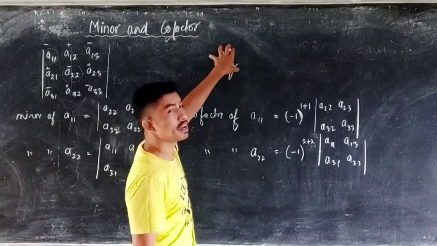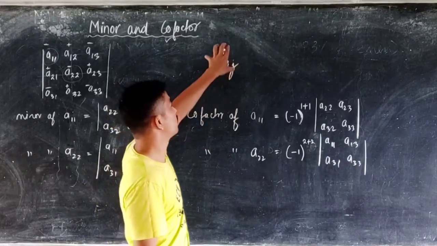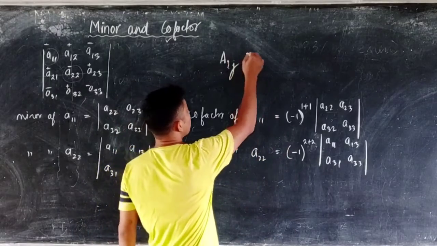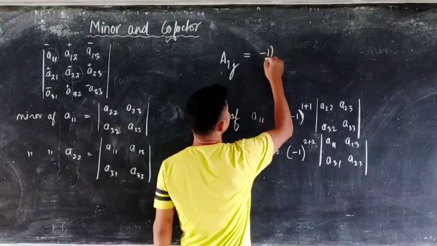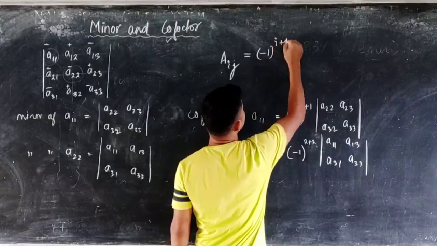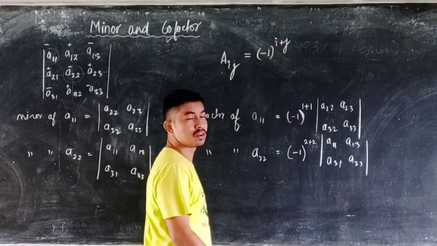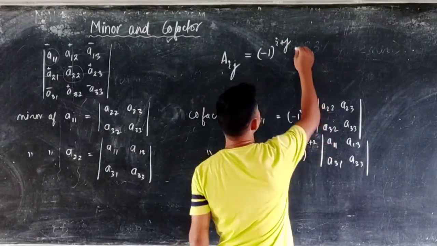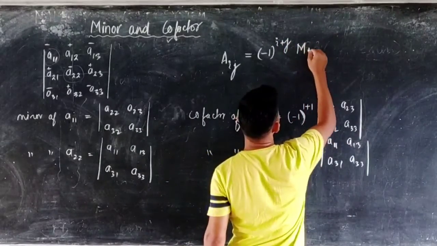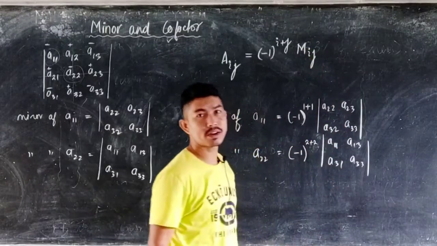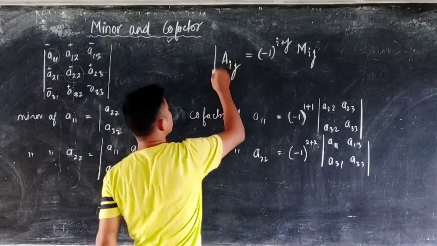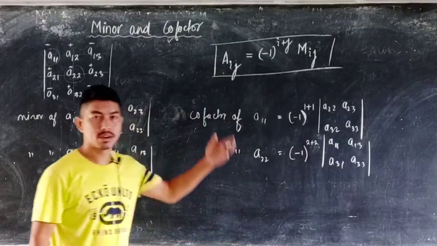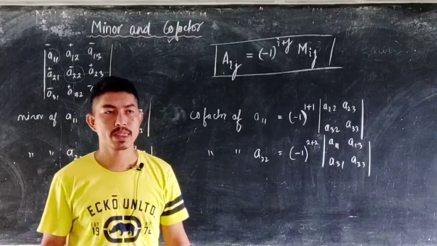If Mij is the minor of the given element and Cij resembles the cofactor, then the cofactor of the element is given by minus 1 to the power i plus j, where i is the row and j is the column, into Mij. What is M? M is the minor of the given element. Using this simple formula, we can easily calculate the cofactor of the given element once we find its minor.